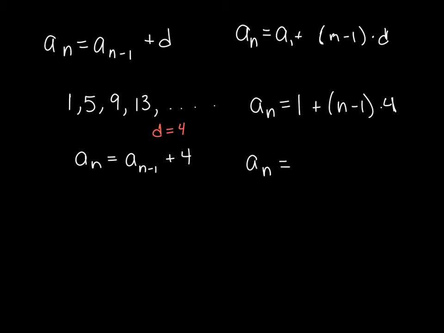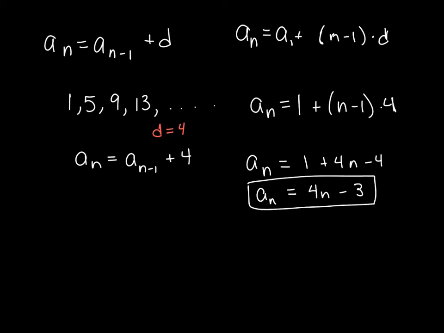So that formula becomes 1 plus 4n minus 4, or the explicit formula is 4n minus 3. And those would be the two ways I could express that series.